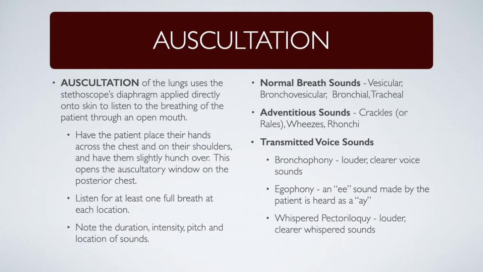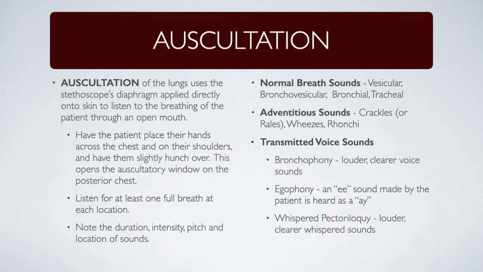Auscultation is a very important technique in assessing the lungs, and it is done using a stethoscope's diaphragm. Now, the diaphragm has to be applied onto the skin directly, and advise the patient to breathe with an open mouth because the patient may be generating some sounds through the nose or through the throat if the mouth is closed.